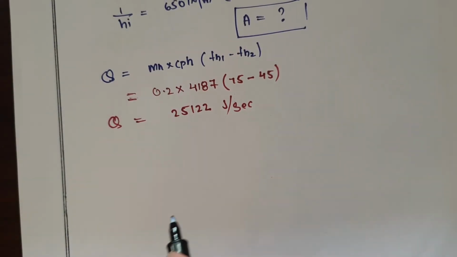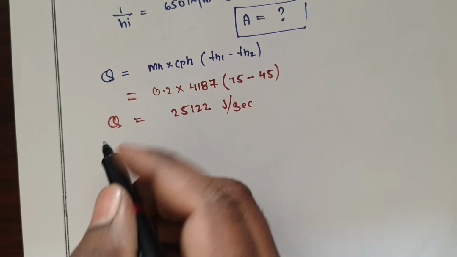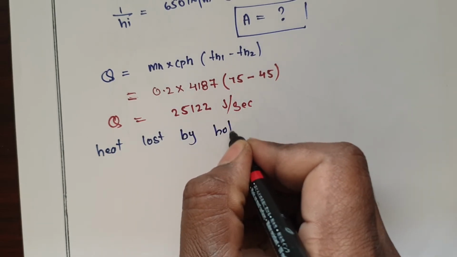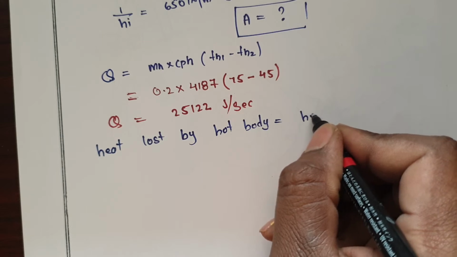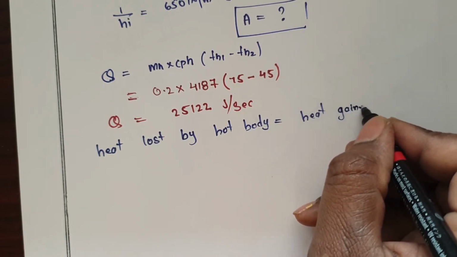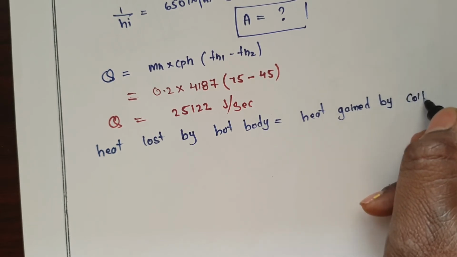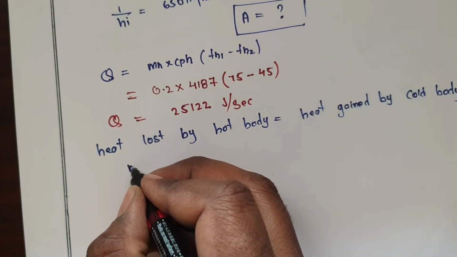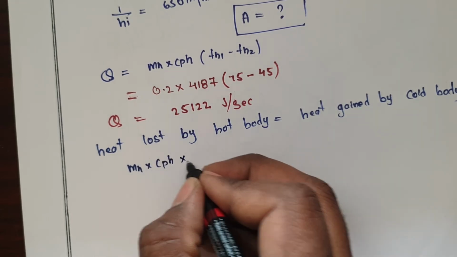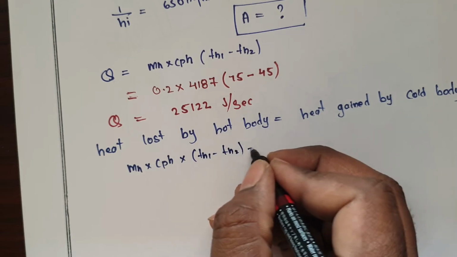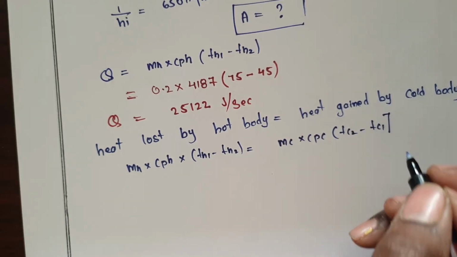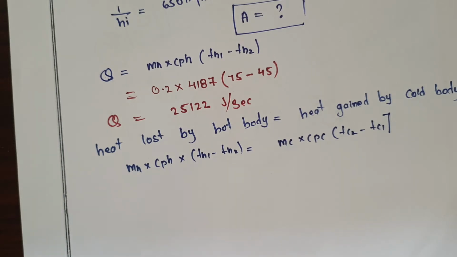So the formula is mH CpH into TH1 minus TH2 is equal to mC CpC into TC2 minus TC1. Here you have to substitute the values.